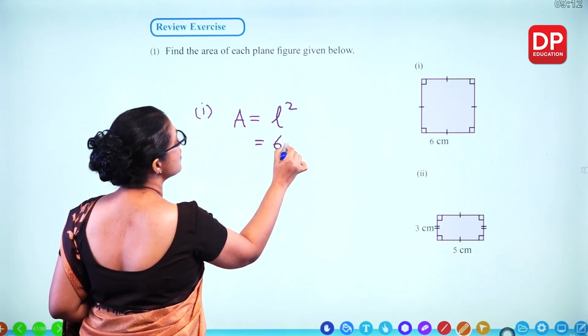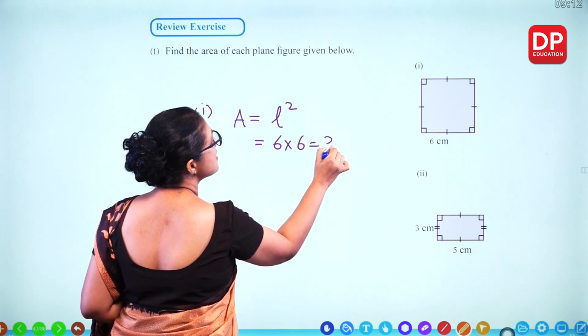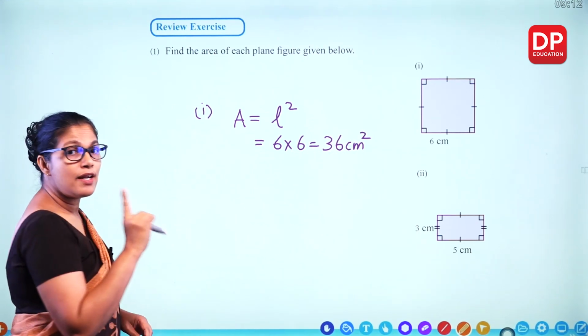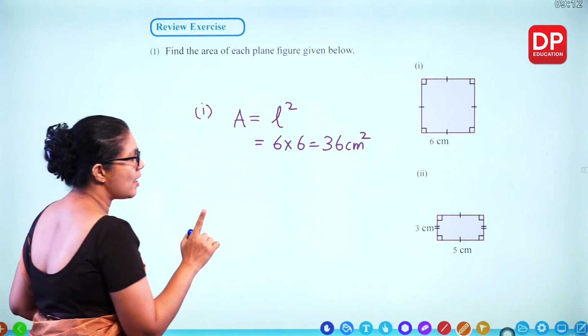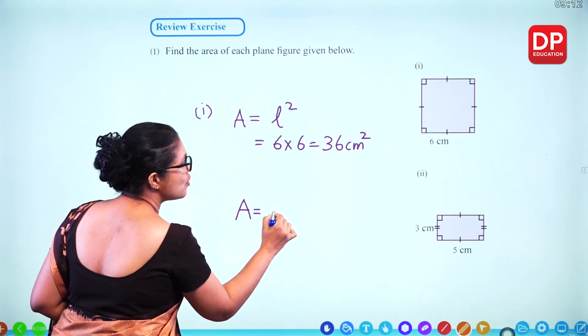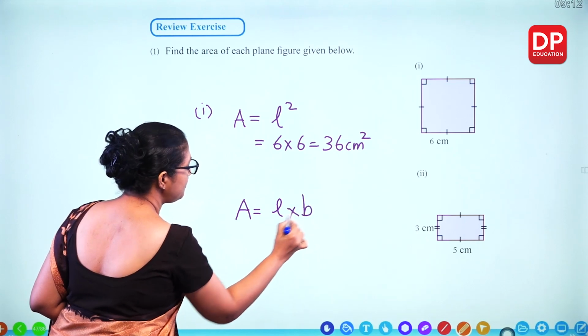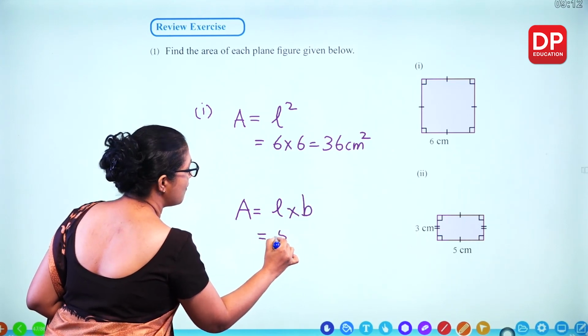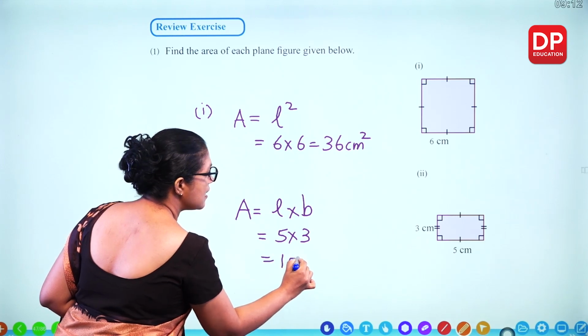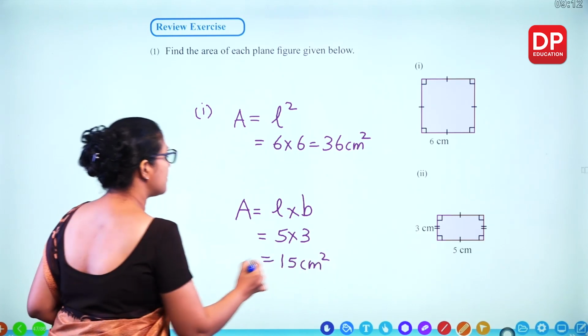So 6 into 6, you get 36 square centimeters. And this is a rectangle. How do we find out the area? Area is equal to length into breadth. 5 into 3. So 15 square centimeters.